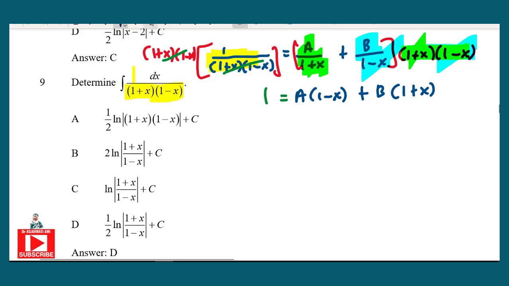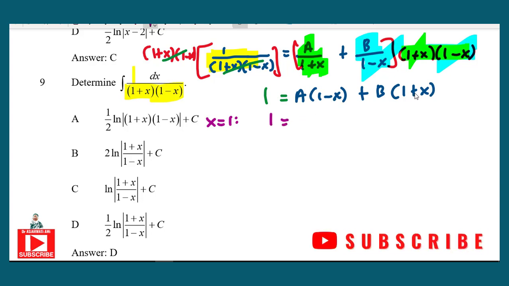And substitute the value, let x equal to 1. Substitute left and right. 1 minus 1 is 0, 1 plus 1 is 2. So 2b. Therefore, b is equal to 1 over 2.